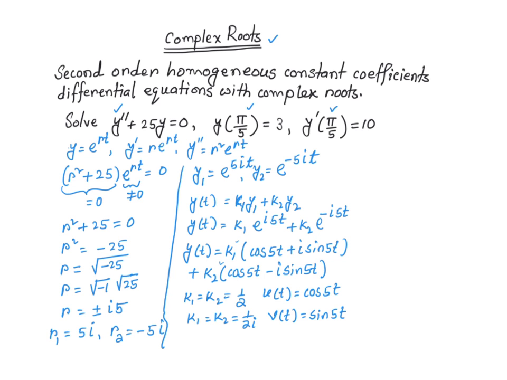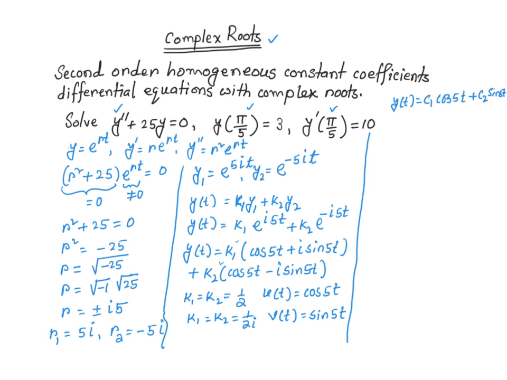Now my general solution is going to be y of t is equal to c1 times cosine of 5t plus c2 times sine of 5t.